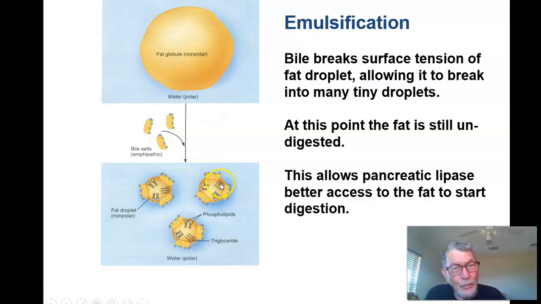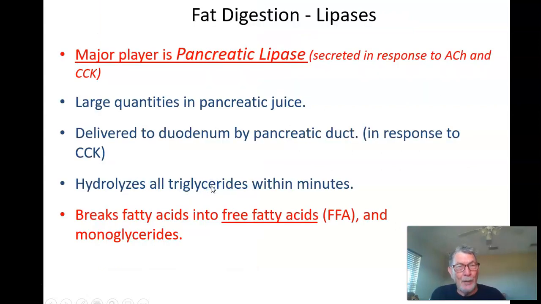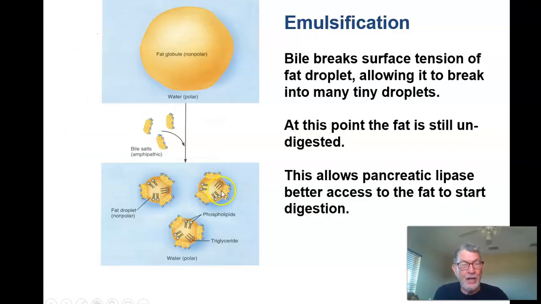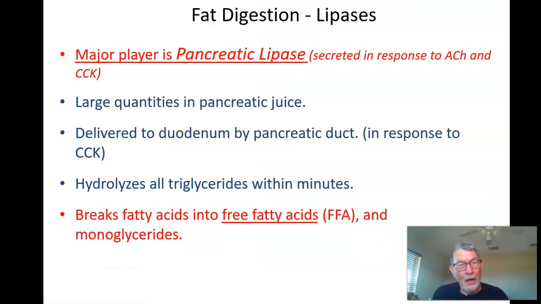You got to take this triglyceride and get those free fatty acids off of there, leaving monoglyceride behind. And you can't do that when you have a big blob and you can't get to the middle of it. So this emulsification process brings these into tiny droplets, not digested yet droplets, but now the lipases can get to them.